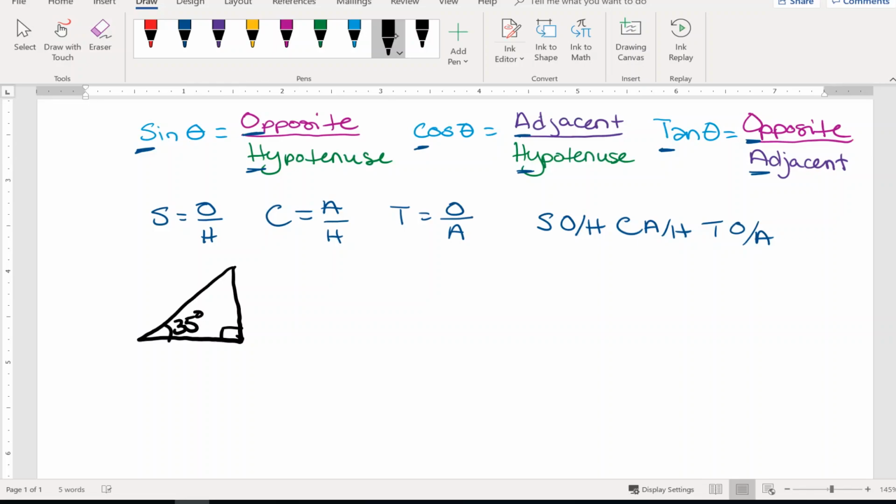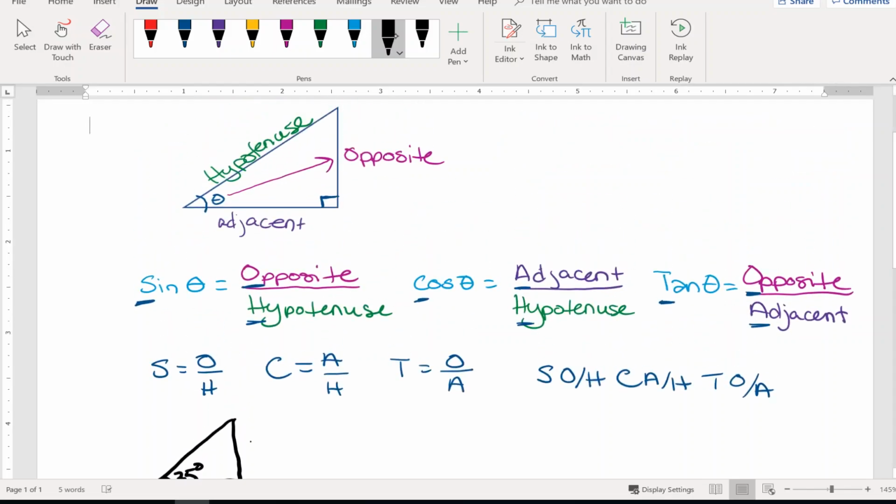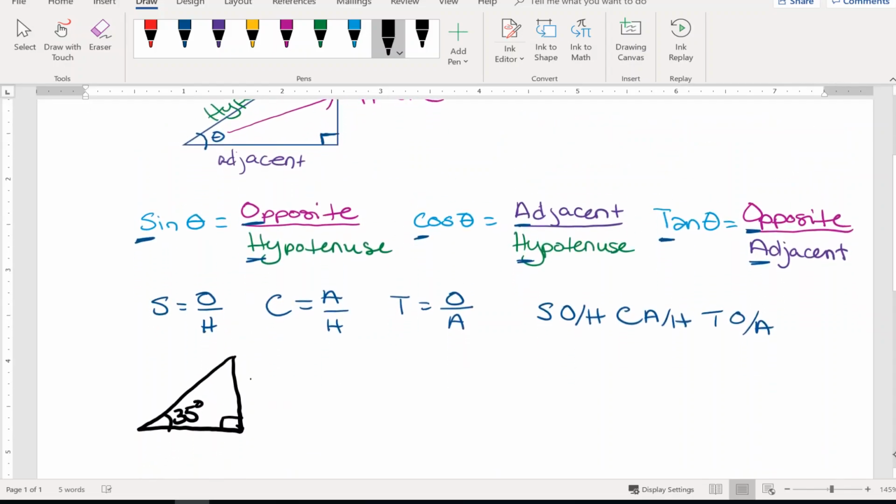Now we need one other piece of information in this triangle in order to solve for the triangle and get the other sides. So if we're told that this side, the hypotenuse, is 12, now we can use these ratios to find the length of the other sides.